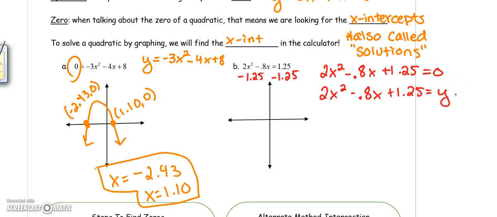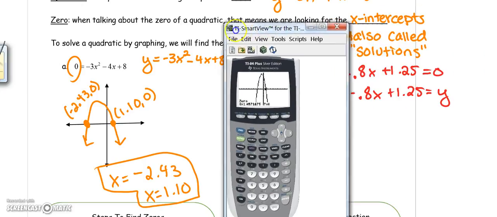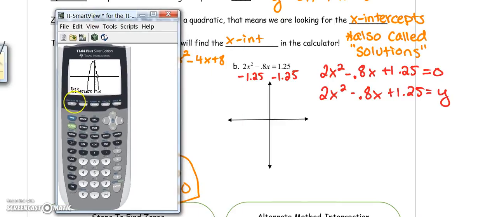And then we can put it in our graphing calculator. I'm going to move this guy over here. So I'm going to hit y equals. And this time we've got 2x squared minus 0.8x plus 1.25. I'm going to hit graph.